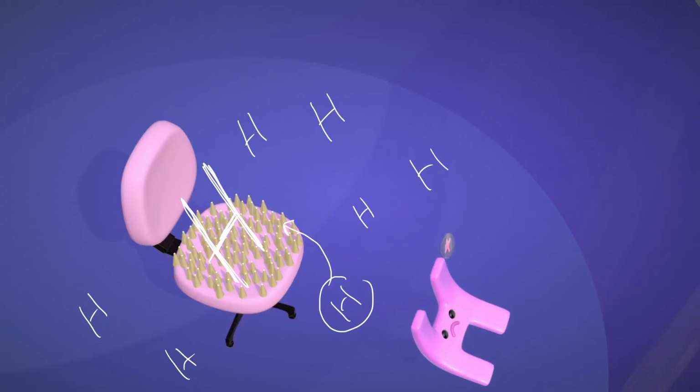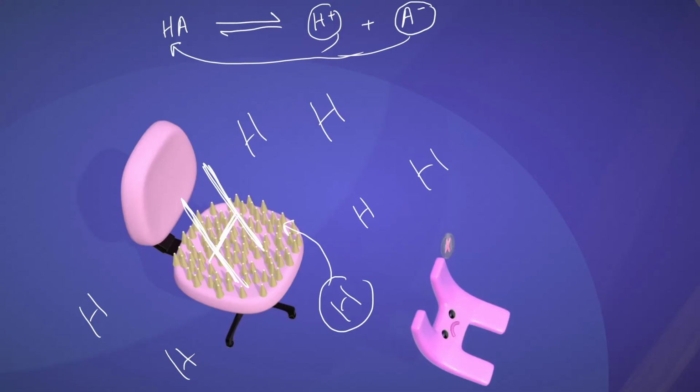So what is happening here? Let's suppose this is HA, this is acid. If it dissociates into H positive and A negative, this A negative can accept a proton and can go back into HA. It can again form acid.